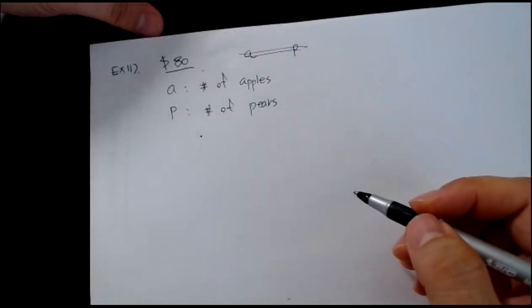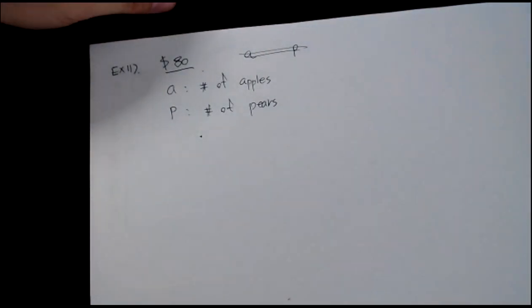Now write the number of apples he can buy as a linear function.